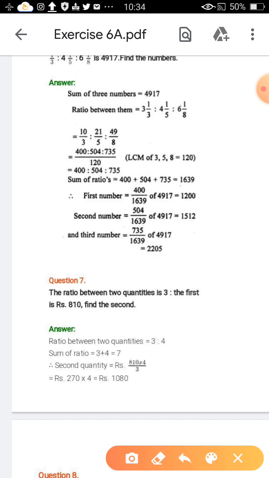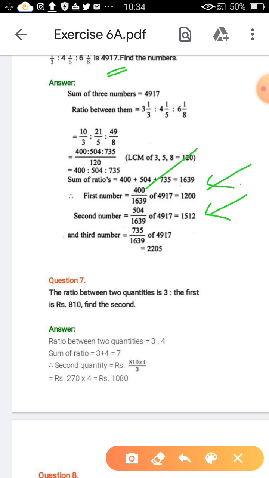The first number will be 400 upon 1639 of 4917, because this amount we have to divide. That is equal to 1200, after doing the calculation. Same for the second number, 504 upon 1639 multiplied by 4917, which will be 1512.